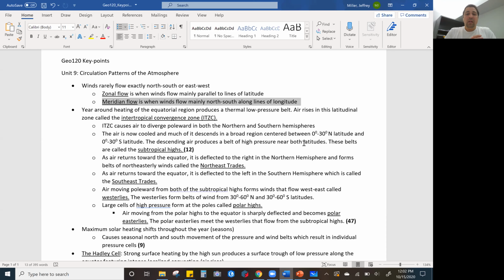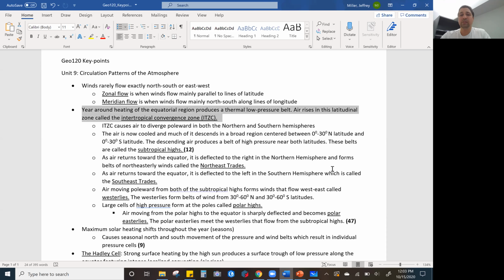Now, speaking of the real driver here, and you're going to hear me reference this numerous times throughout the rest of the semester, because this really is a huge component of atmospheric circulation: the concept of year-round heating. It's always pretty much the same type of heating along the equatorial regions of the Earth.